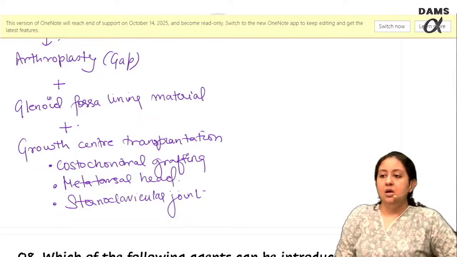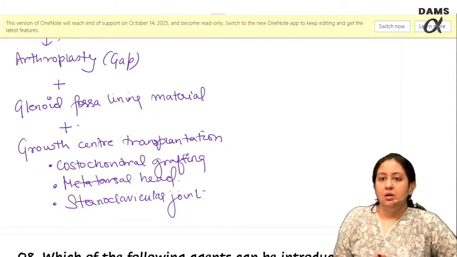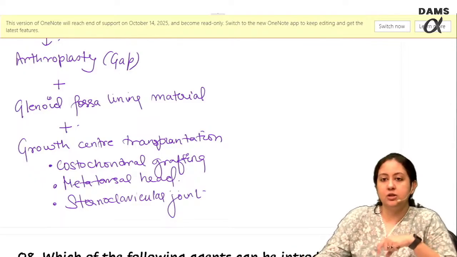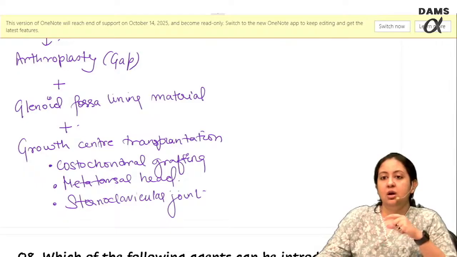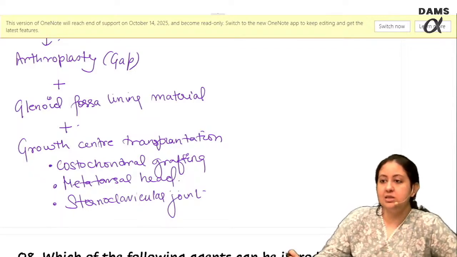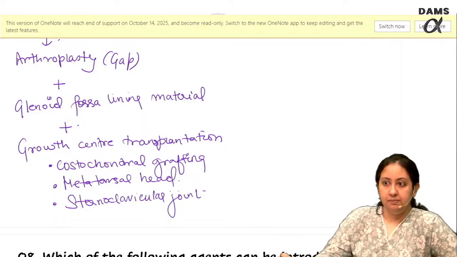So these, costochondral grafting, metatarsal head, sternoclavicular joint, have their own cartilaginous part which causes growth at the joint. So that is why you have to replace the growth center.